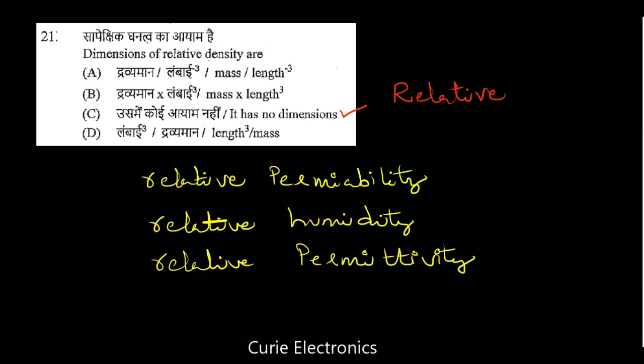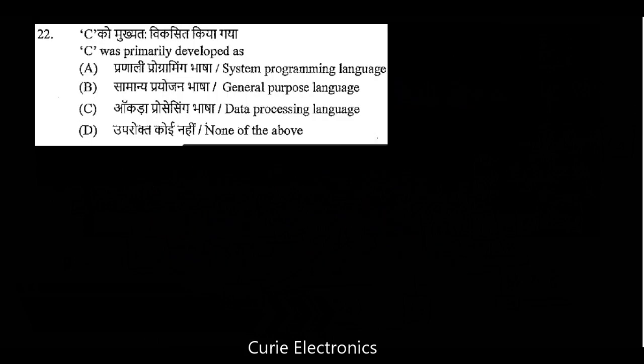These all are dimensionless quantities. There is no unit for these. Only one number will represent them. So they are dimensionless, and you have to remember the term relative.